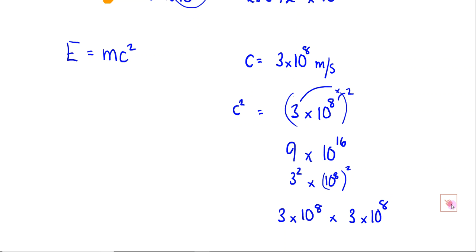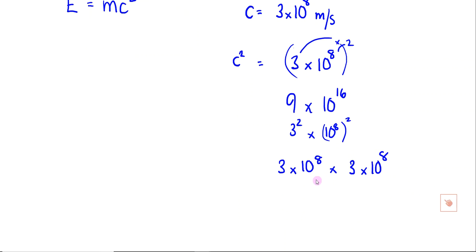No, because it's the same thing, so you add it. So this time, 3 times 3 is 9 not 6. And if you're multiplying the same base, you add them, 8 plus 8. So we get the same answer, luckily, thankfully. Okay, so there's one use for it.